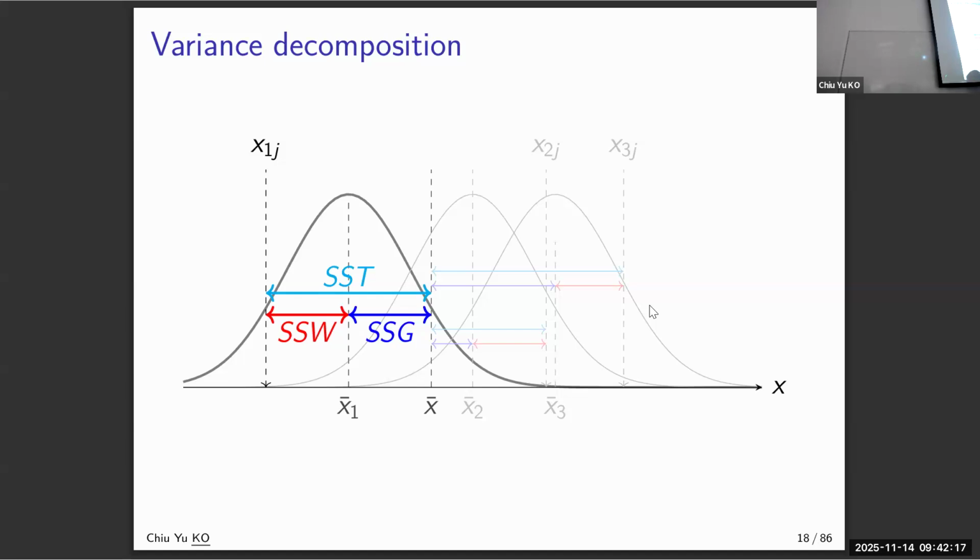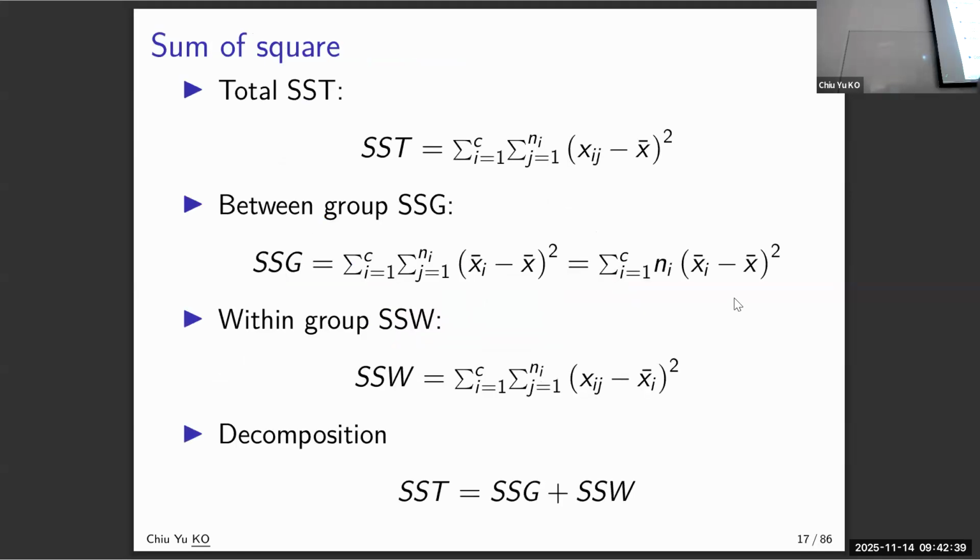But if mu1, mu2, mu3 are actually different, SSG will be much larger than the measure coming from SSW. So it's a comparison of variance measures. But anyway, let's do the decomposition first.